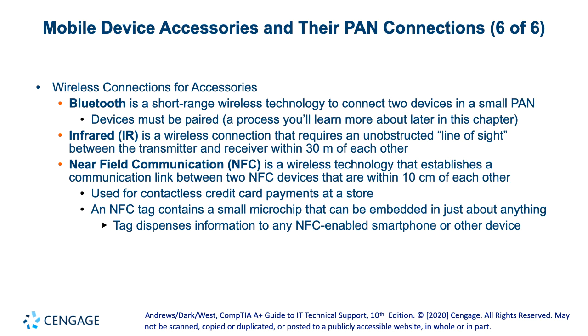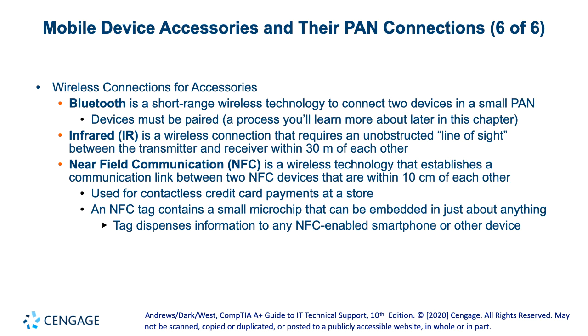Wireless connections range. Bluetooth typically is about 10 meters or 30 feet. Infrared, typically 30 meters or 90 feet, but must have line of sight. And near field communications, NFC, has a very small distance of 10 centimeters.